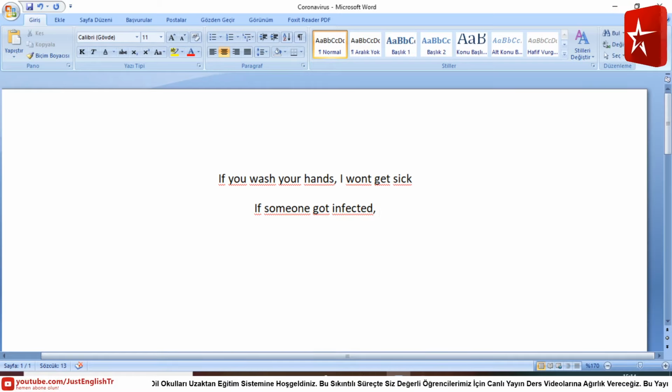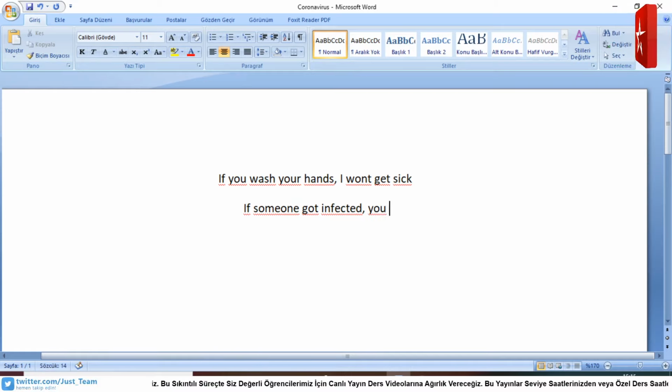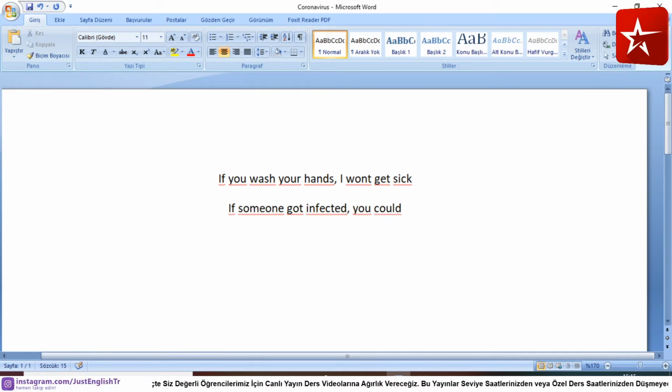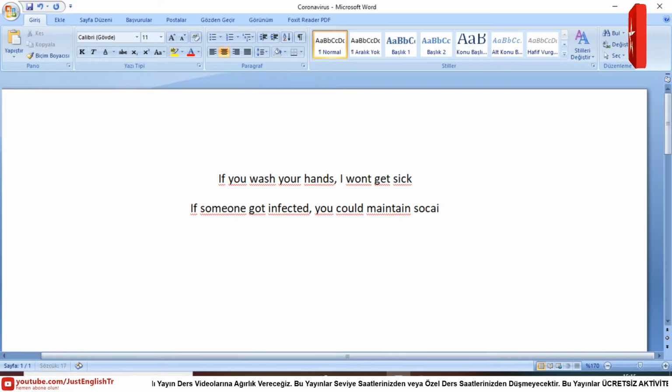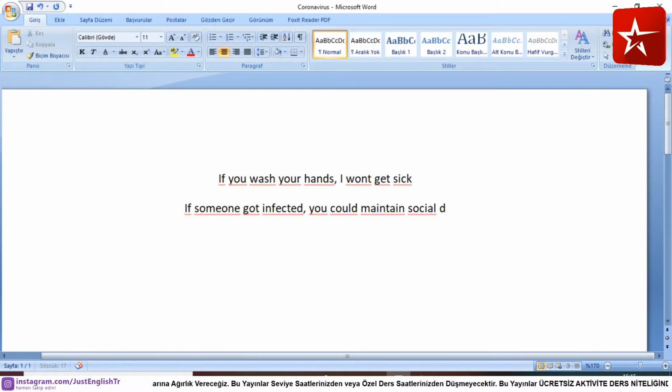You will protect yourself from the coronavirus. Okay, if someone get infected, you could maintain, okay, social distance, okay.